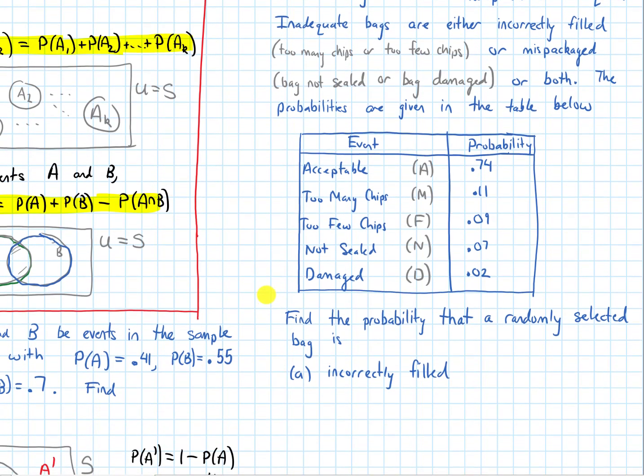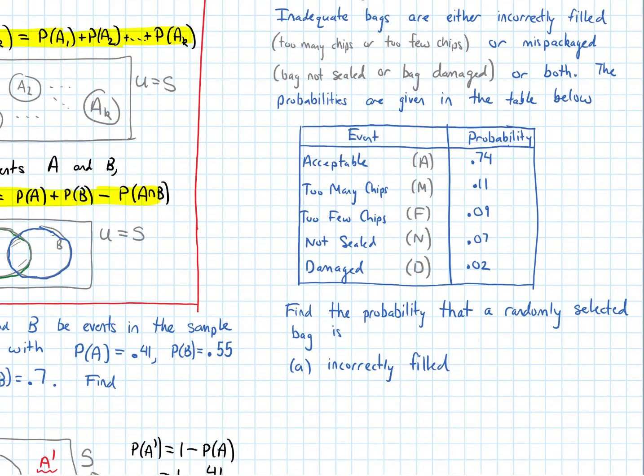Okay, so part A is talking about the probability that the bag is incorrectly filled. So let's think about how we'd find that. When the question talked about inadequate bags, it talked about two categories of inadequate. There's incorrectly filled ones, which is what we care about for this problem.